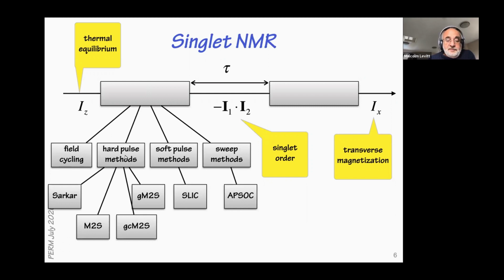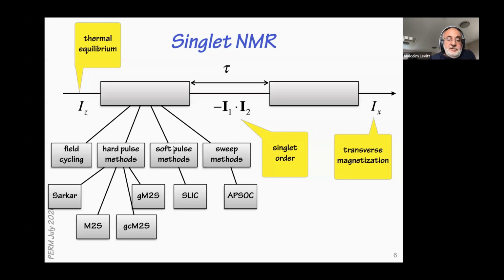There's the M2S sequence, which our group developed maybe about 10 years ago now. There's actually now two generalized versions of that, which have a somewhat broader range of application with very similar names, actually. There's GM2S, which is from our group, and GCM2S, which is from Stefan Glogler's group.